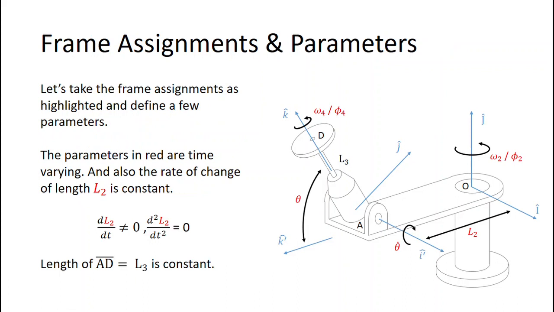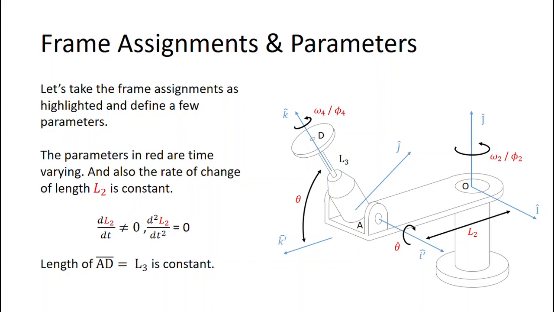This is our system and we have three frames essentially: capital IJK, little I prime, J prime, K prime, and little ijk. The frame centered at O is capital IJK. It is rotating at a rate of omega 2, and we can say that it makes an angle phi 2 from its initial value.